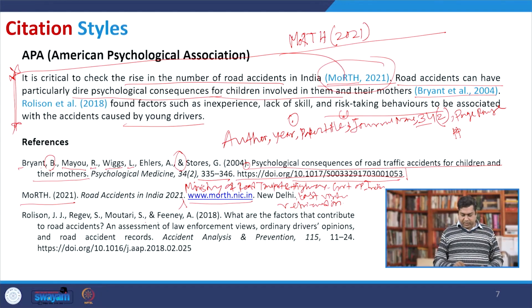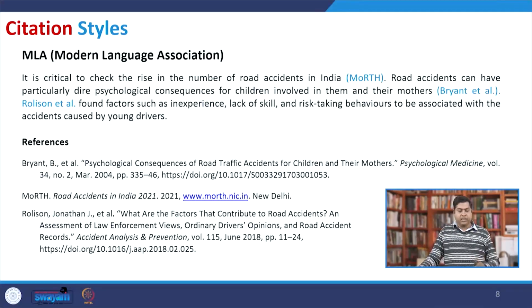And this is for the last paper. In this case also, depending on the style, you can see the name of the journal, which is Accident Analysis and Prevention, written in italics. So, this is overall the APA style. Coming to the MLA style, the content remains the same. In this case, no year is mentioned right after the author. There are certain changes in this referencing style, where the year now comes after the publication detail, before the page number.